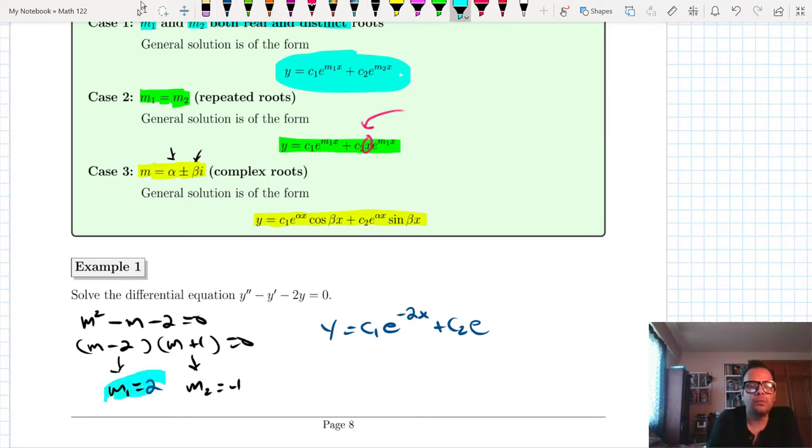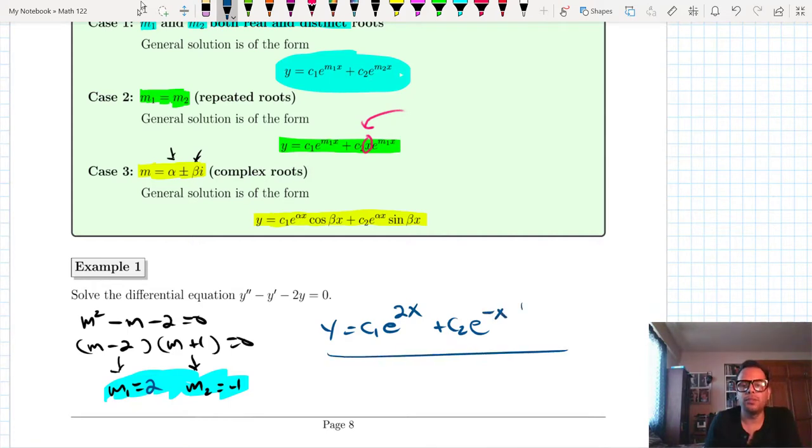Highlight with blue again. So e to the 2x plus c2 e to the negative 1x. That's all we do. When it comes to find the constant c1 and c2, we are going to do an example later. For now, let's get familiar with the different cases.